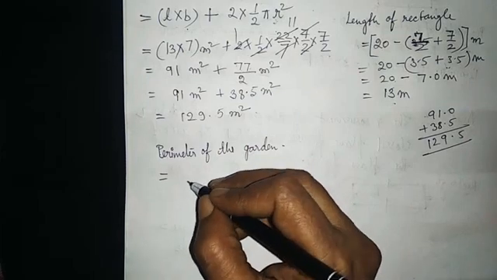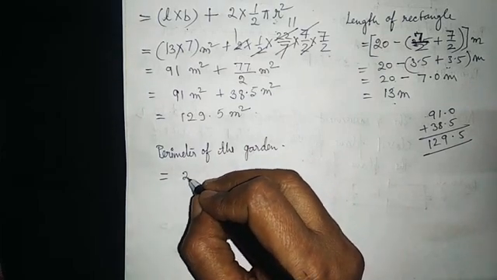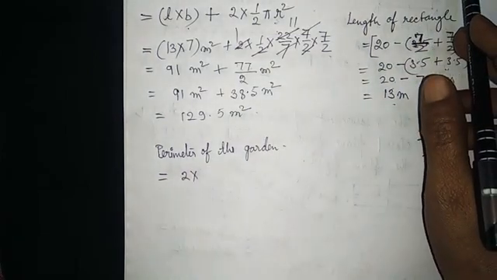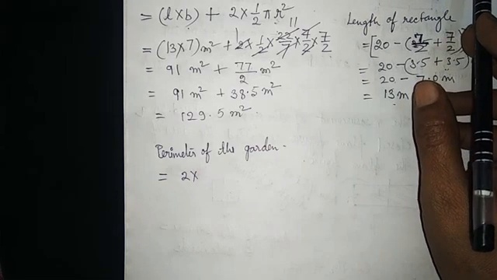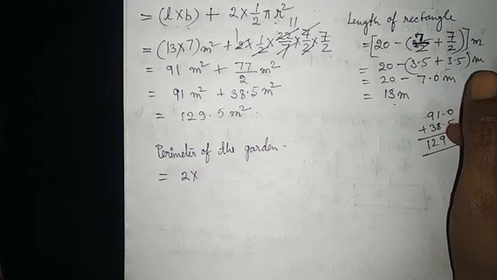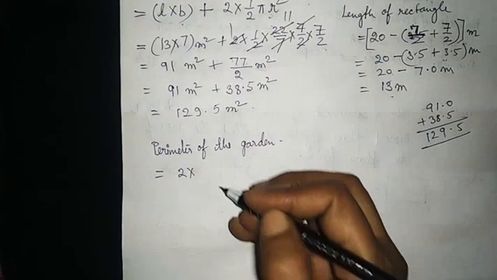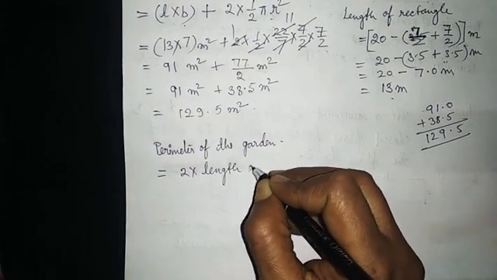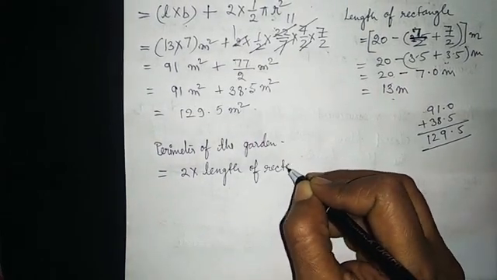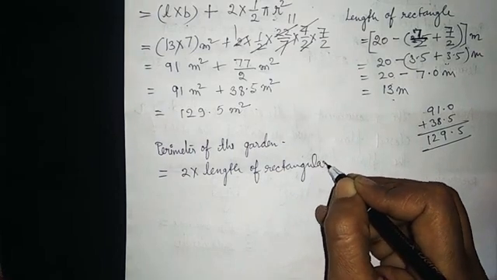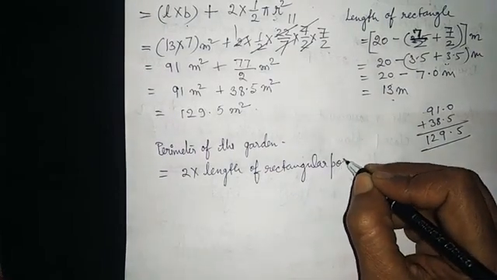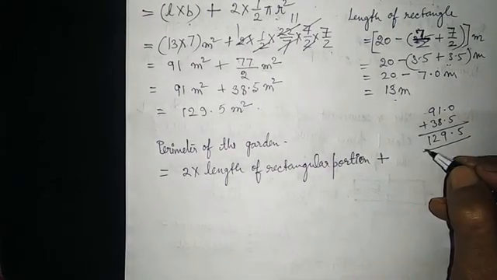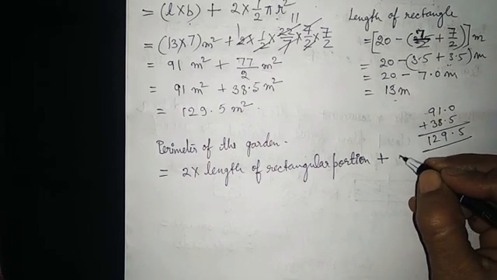We will add 2 times the length of the rectangular portion plus the circumference of the circle. So we write it: 2 times the length of the rectangular portion plus the circumference of the circle.